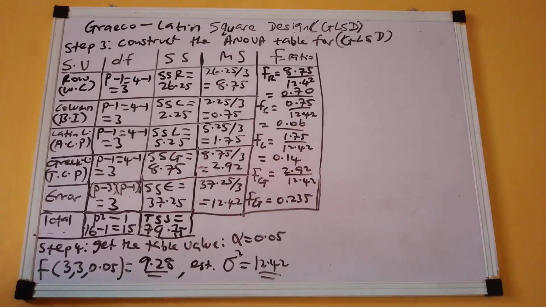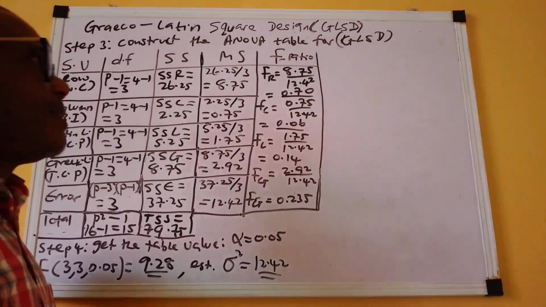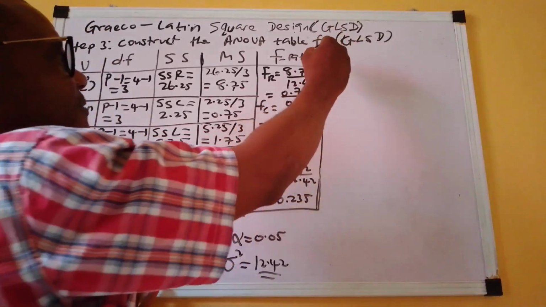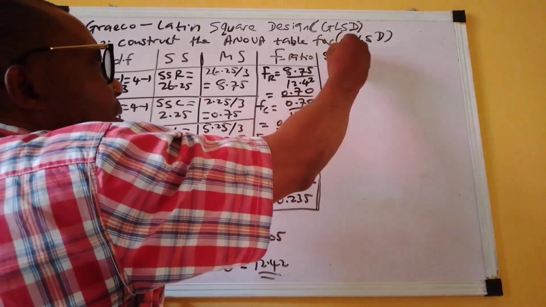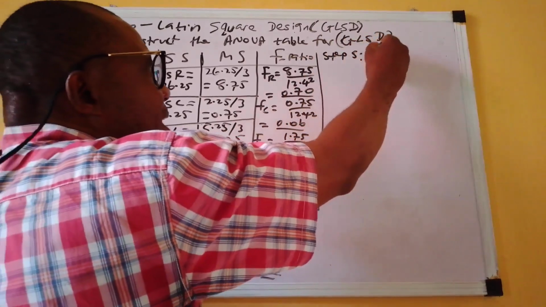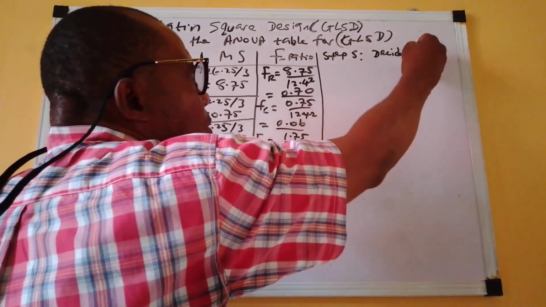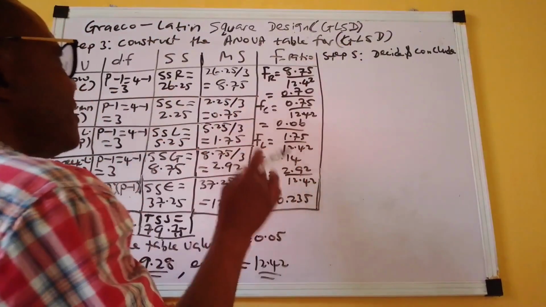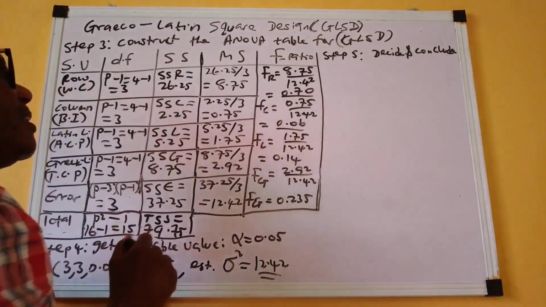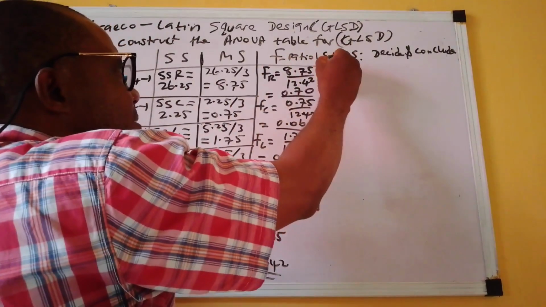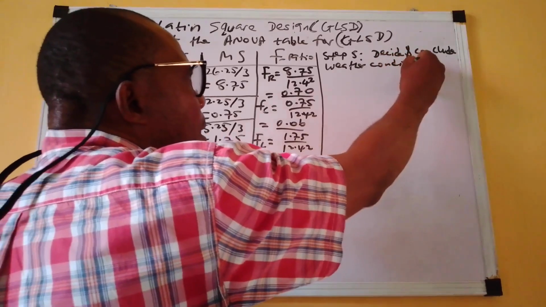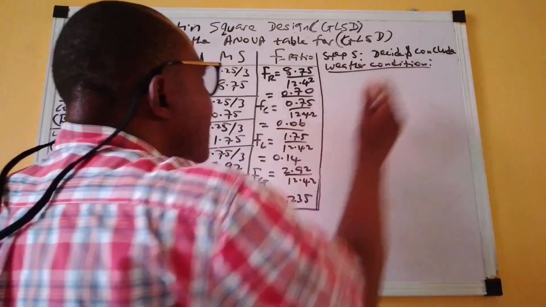Now the last step is step 5. We have to decide and conclude. Now we are taking them one after the other. Now, for the weather condition, look at it here now.